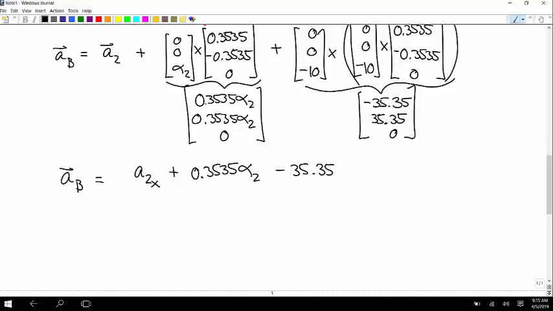And the Y component is A2Y plus 0.3535 alpha 2 plus 35.35. And then there's no acceleration in Z. This is just a planar problem. We can only do planar linkages.